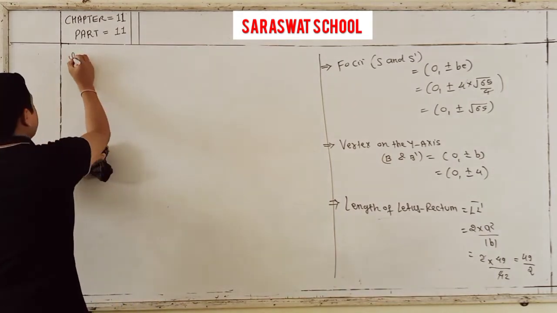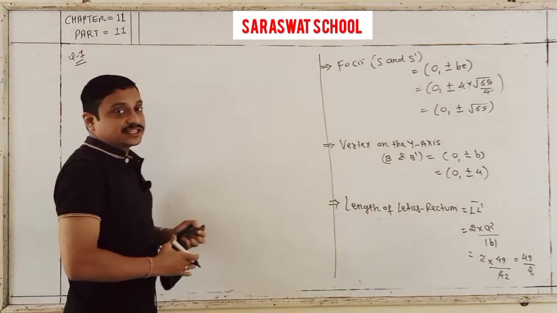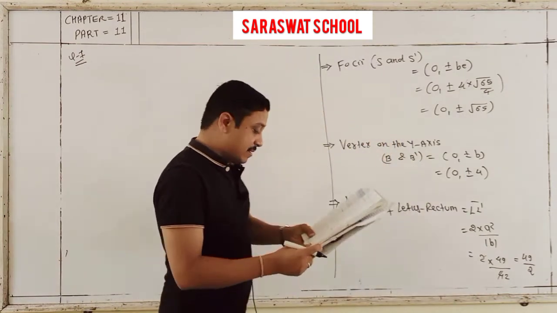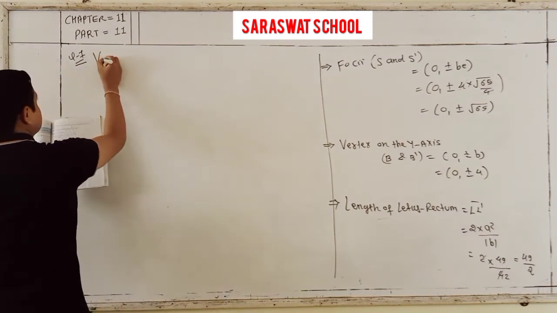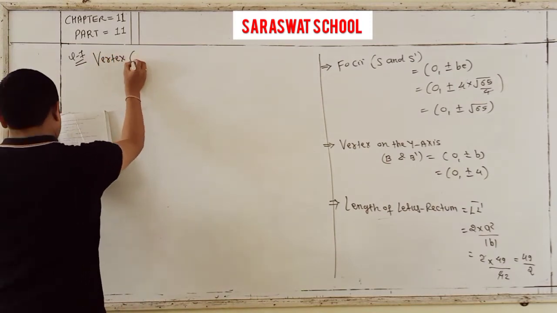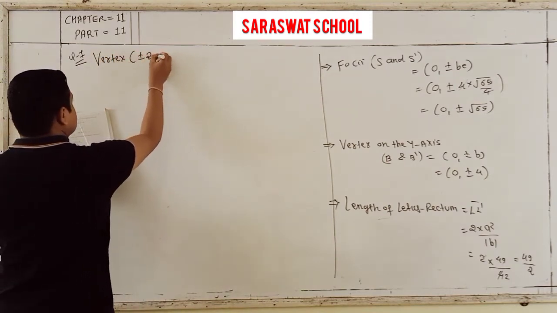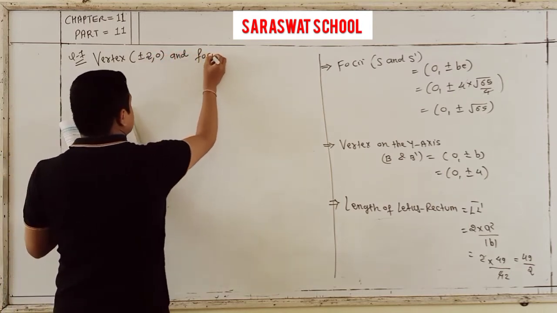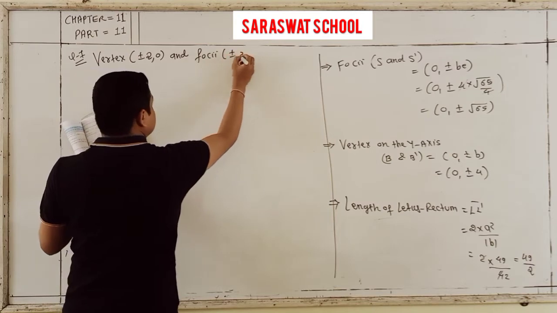Now question 7: conditions given, find the standard equation of hyperbola. Vertex plus or minus 2, 0 and foci plus or minus 3, 0.